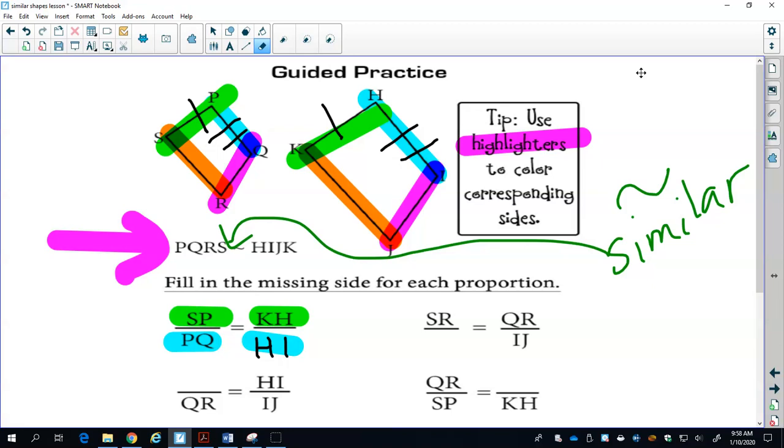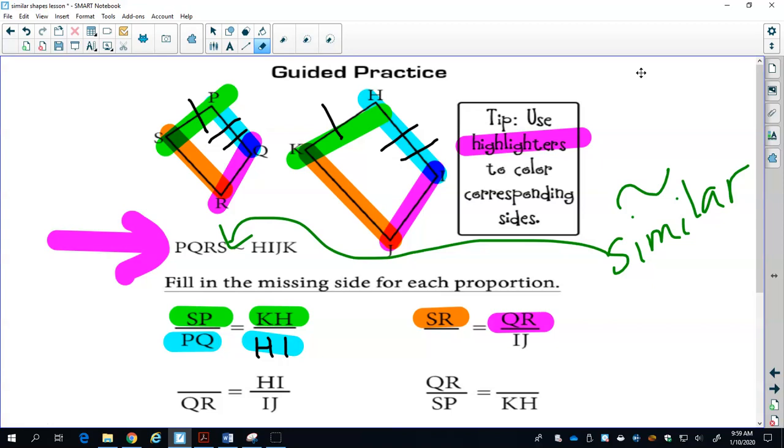So SR, let's see what color we used for that. SR is going to be orange. And QR is going to be purple.